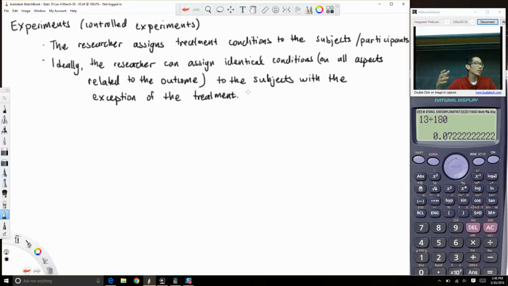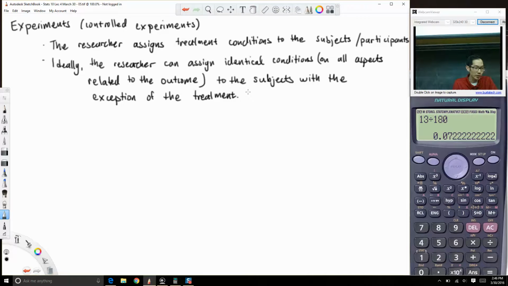At the end of the study, if you find a difference between the groups, you don't know if that difference is because this group was men and this group was women, or because this group got the placebo and this group got the medication. In that case, you have what you call a confounding variable, meaning you don't know if the difference is because of the difference in treatments or because of something else going on.